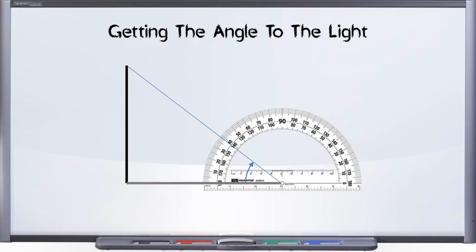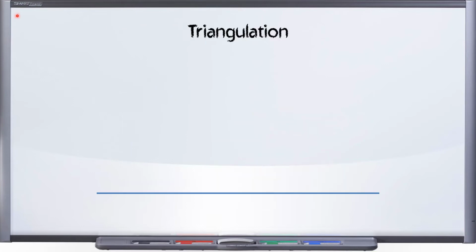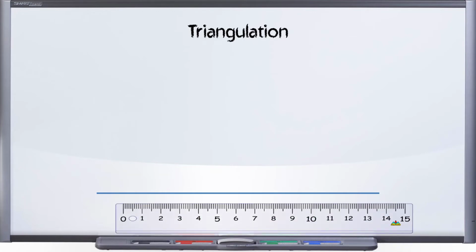How are we going to use this to calculate the height of the light source? We can't use just this. We're going to need a little bit more. We have to do what's called triangulation. So how does triangulation work? The idea is we have two different locations that are a known distance apart.